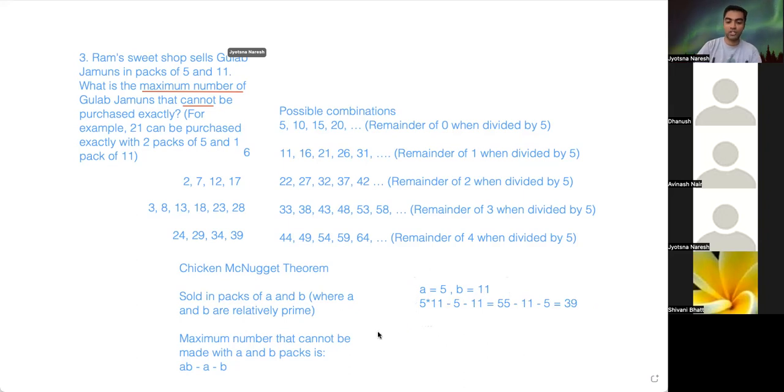Good, that's correct, and that matches what we saw before, right? So we said the answer was 39. So you could just do 5 times 11 minus 11 minus 5, and that gives us the answer.